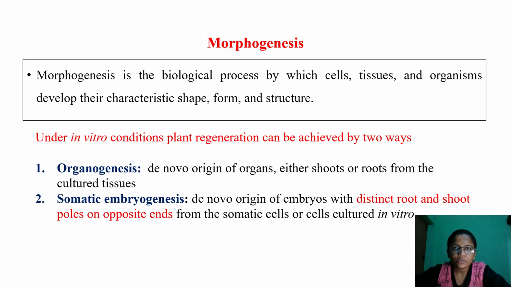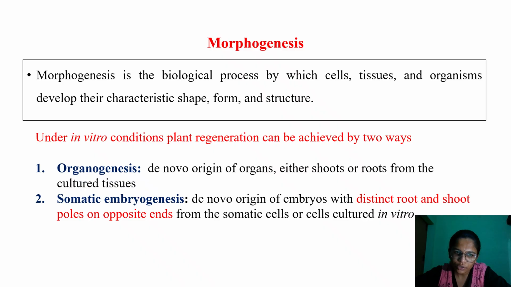Under tissue culture laboratory conditions, plant regeneration pathways can be seen in two types: organogenesis and somatic embryogenesis. Organogenesis means the de novo origin of organs. It may be root or shoot; in cultured tissues, it will start producing new organs.